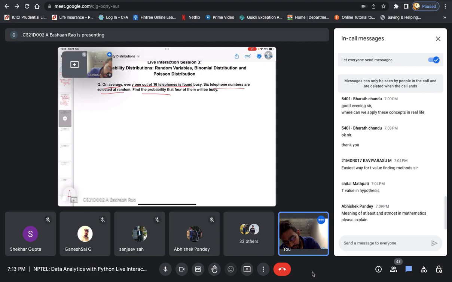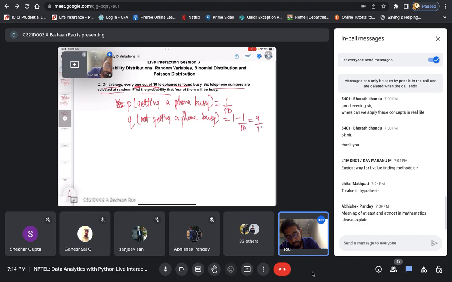So the event will be: the probability of getting a busy phone is 1 by 10, that is, every 1 out of 10 telephones is busy. And the probability of not getting a busy phone is equal to 1 minus 1 by 10, which is equal to 9 by 10.